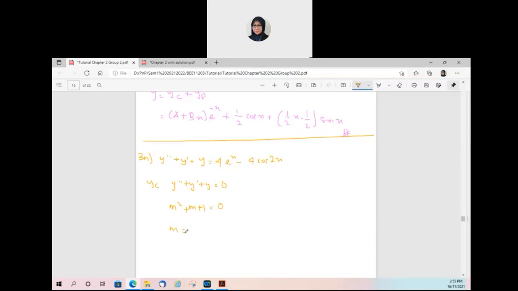Pakai B, M sama juga dengan minus B plus minus B kuasa 2 minus 4AC square root, itu root kuasa 2, bagi 2A, betul tak? 2A. Betul. Okay, so sama juga dengan minus 1 plus minus 1 minus 4, okay, bahagikan dengan 2.